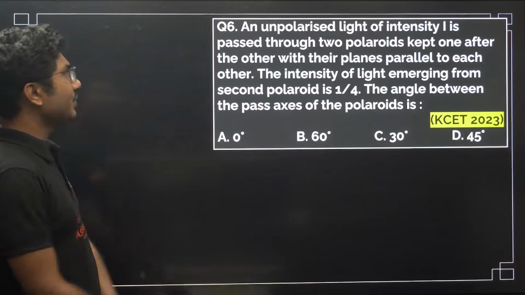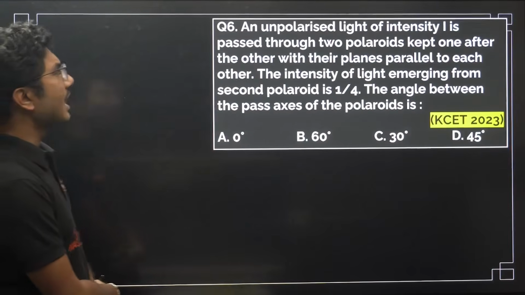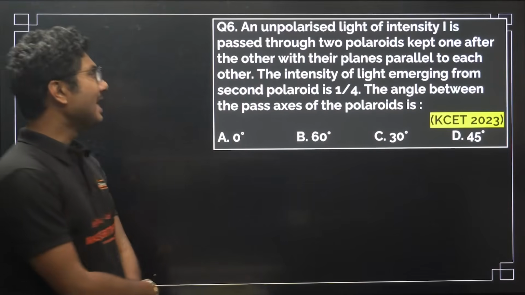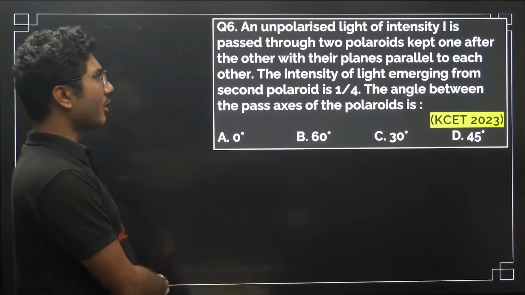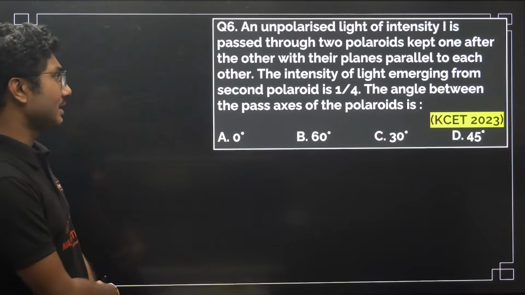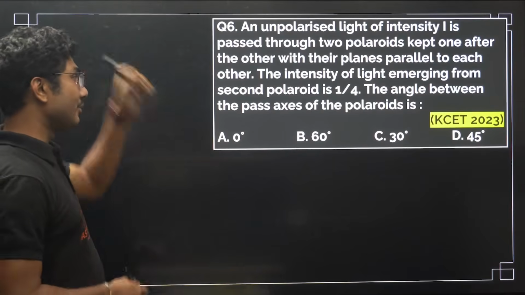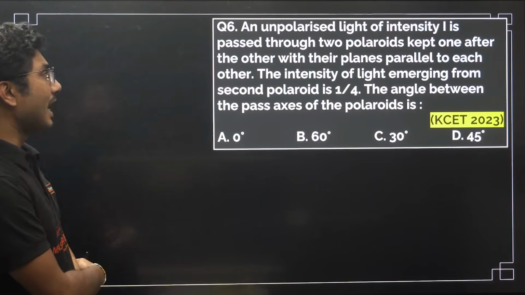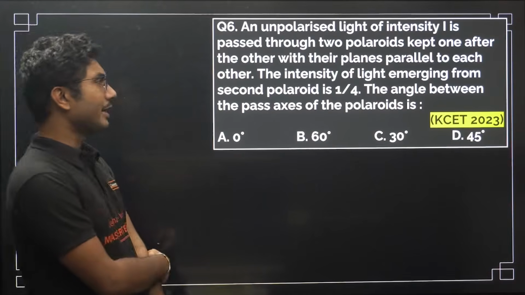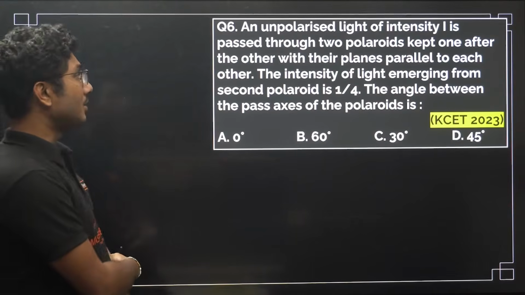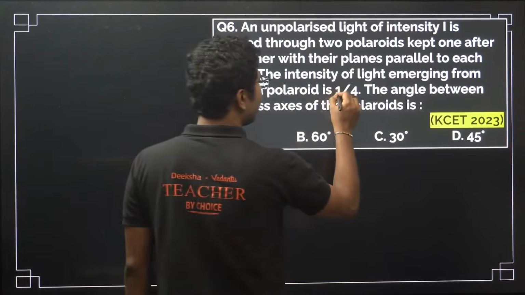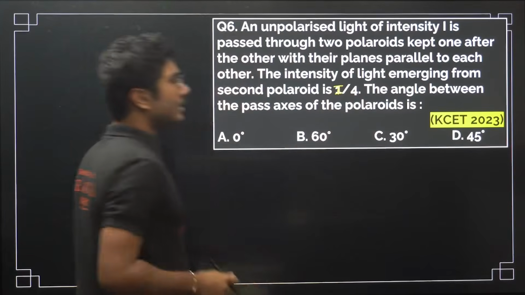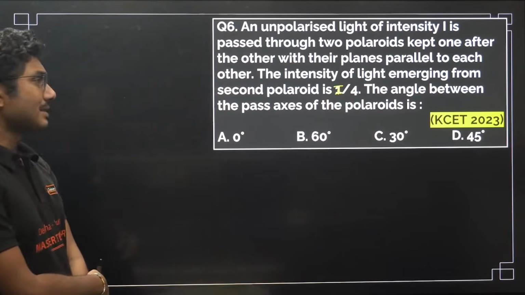Now next question. An unpolarized light of intensity I is passed through two Polaroids kept one after another with their planes parallel to each other. The intensity of the light emerging from the second Polaroid is I by 4. The angle between the pass axis of the Polaroids is?